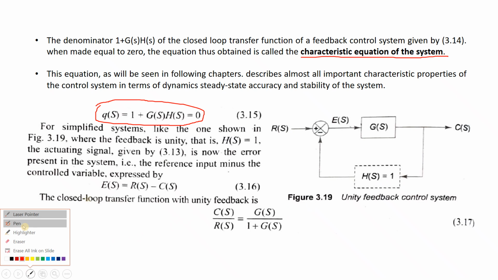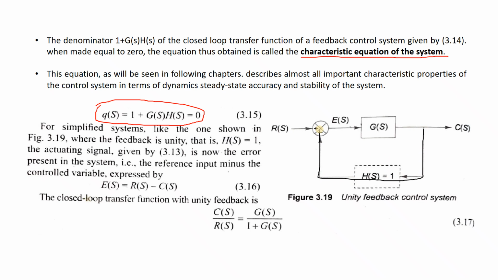If a system has unity feedback, we generally use a straight line to represent it. We don't use this way, just a straight line like this. That means H(s) is 1. You don't have to write 1 also. Even if you draw a straight line, that is enough to explain that this particular feedback has a magnitude of 1. So it is a unity feedback system.